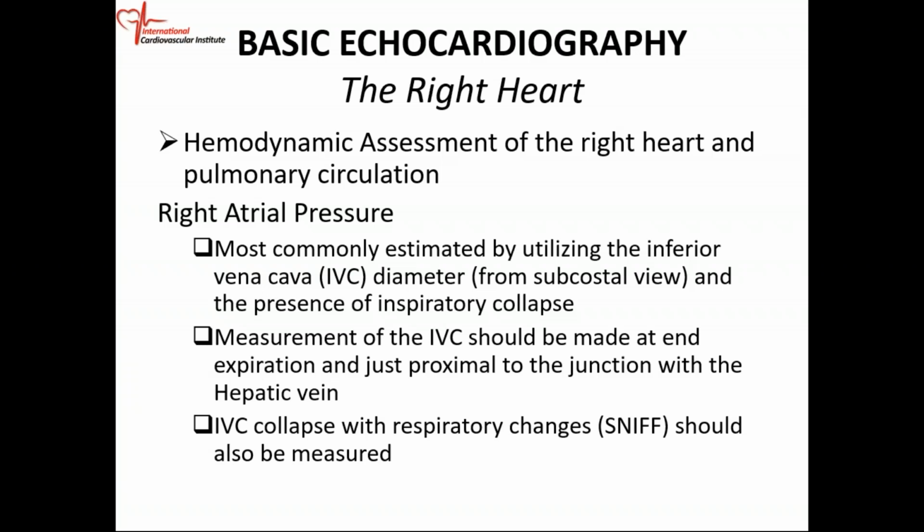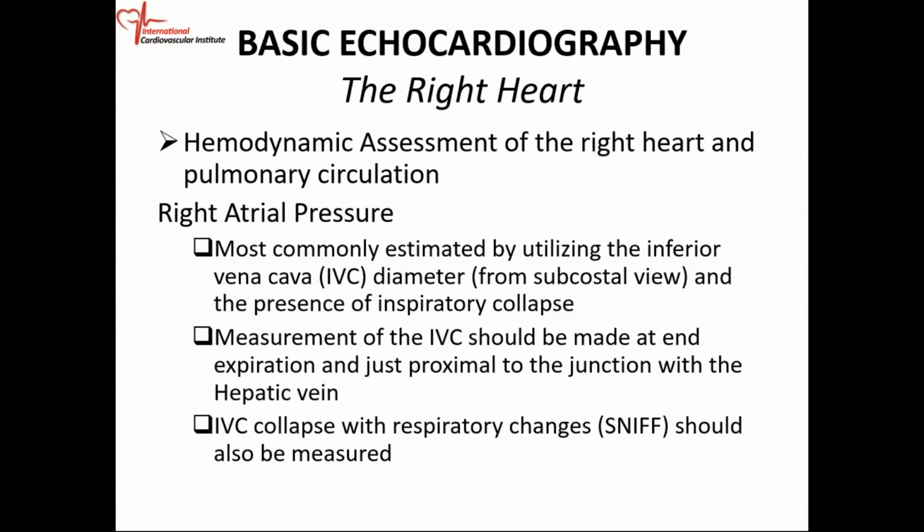Now, the other thing we're going to talk about is the IVC. Remember, your inferior vena cava drains into the right atrium, and the size varies with respiration. Okay, with inspiration, you expect to get collapse or decrease in the size, and with expiration, it's going to increase.